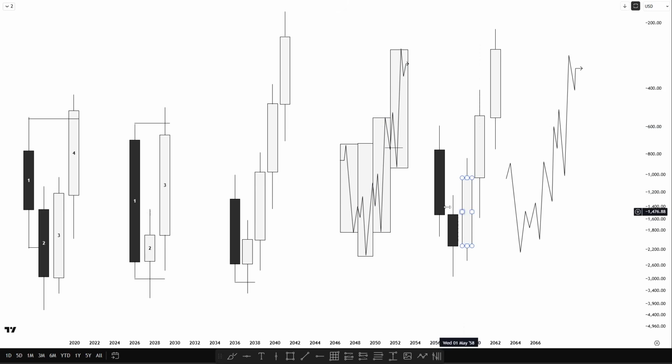Monday, Tuesday, Wednesday. So Thursday is the high probability expansion candle. And there is a difference between when you say an expansion candle and when you say a classic buy.